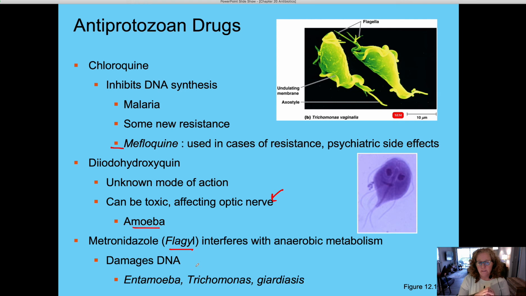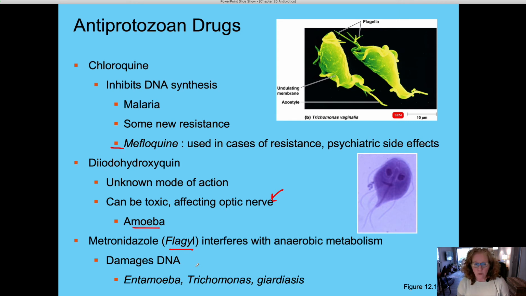Somebody with C. diff is going to have very little gut flora, if any, so they are very open to infection not just by bacteria, but also by other protozoans. So Flagyl does have some efficacy against C. diff. It also can be effective as a preventative for other protozoan infections.